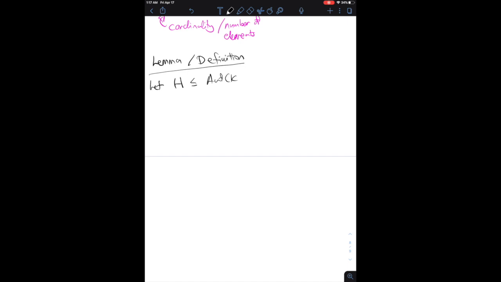We now want to go in the reverse direction and use a group to produce a field. So let H in Aut K be a subgroup. The claim is then that the set of those elements in K which are fixed by all the elements in the group forms a subfield of K.